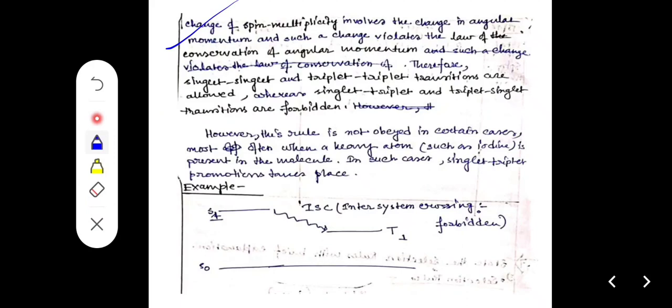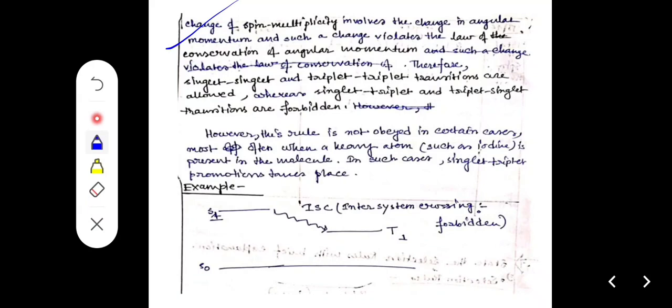For singlet to triplet, del S is not equal to 0 and spin changes, so angular momentum changes, violating the law of conservation of angular momentum. But in singlet to singlet and triplet to triplet transitions, spin does not change, so they are allowed transitions.